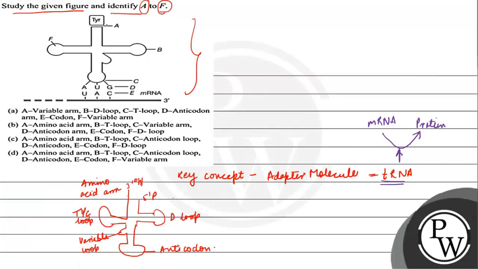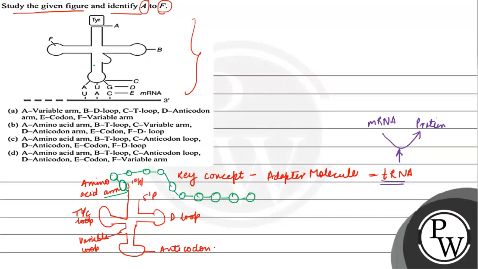First of all, A will be amino acid arm, which we have studied over here, because here only amino acid will be attached. This is where the amino acid is attached. This is the polypeptide.